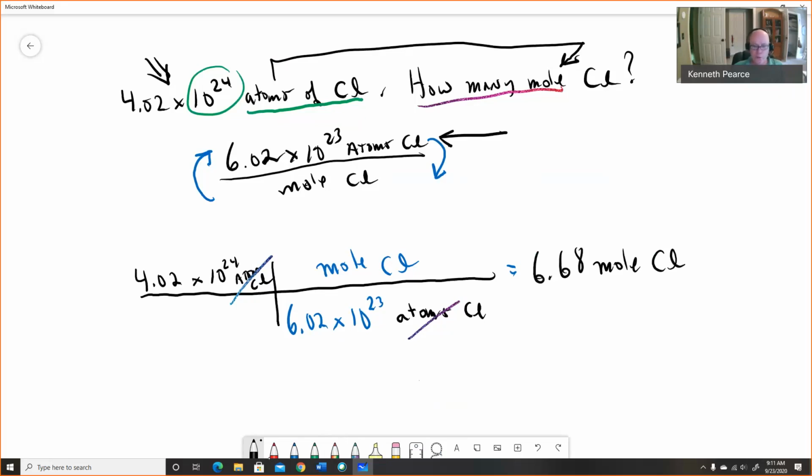That's a lot of atoms of chlorine, but it's only 6.68 moles of chlorine. Moles allow you to have very large numbers of atoms and still work with them. So at the end of the day, what are we doing here with our 6.02 times 10 to the 23rd per mole? We're using it to go between atoms and moles and moles and atoms.